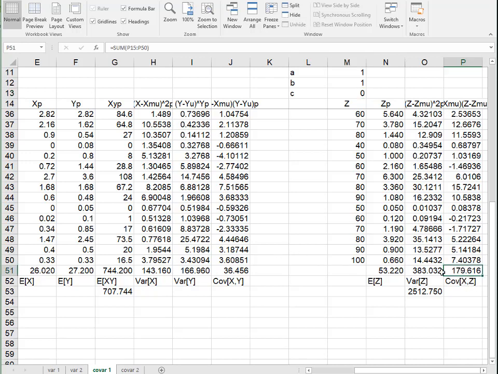So where does this come from? Well, we've just seen that covariance of x and x is something to do with variance of x. We've also got covariance of x and y. So what you can try is adding this to this. Yeah, you get this.